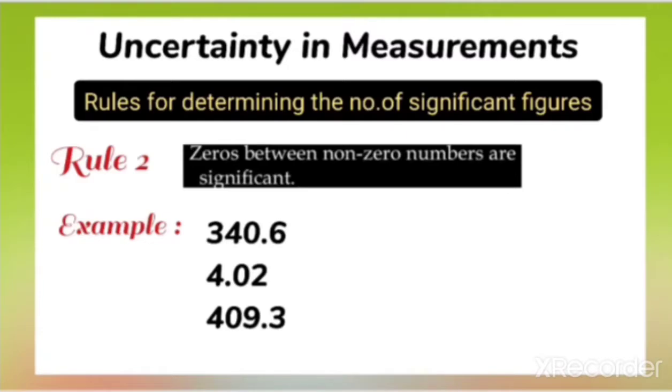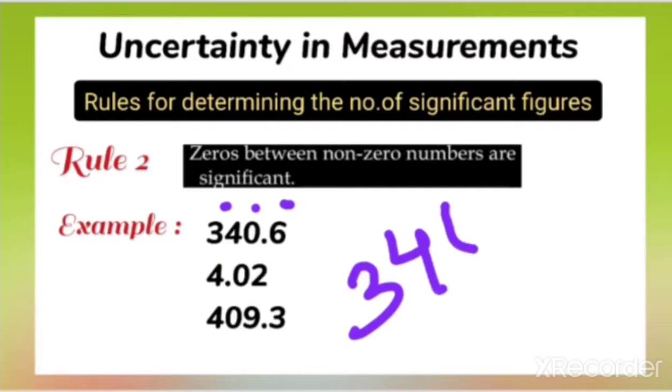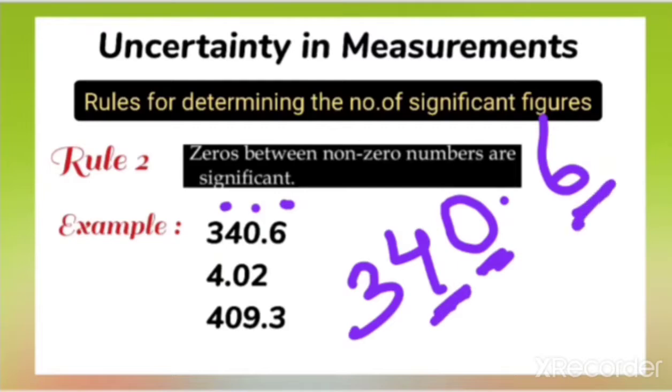When you look at 340.6, there is one 0, and it is between the non-zero numbers 4 and 6. So this 0 can be taken as significant.